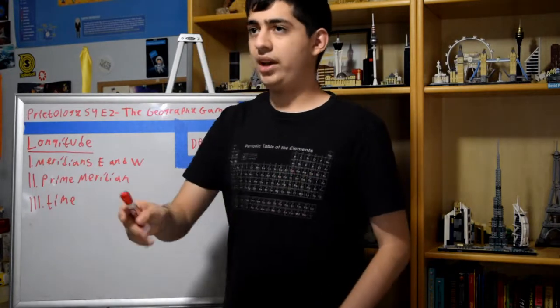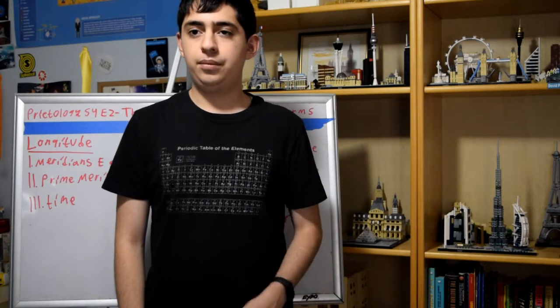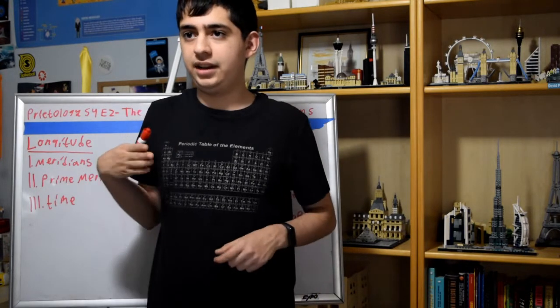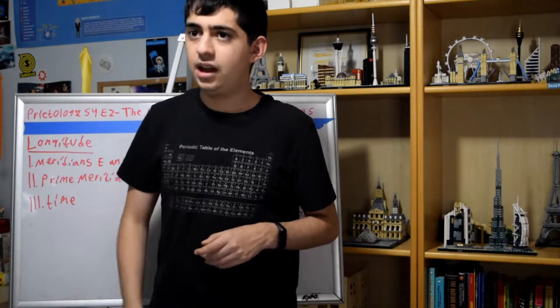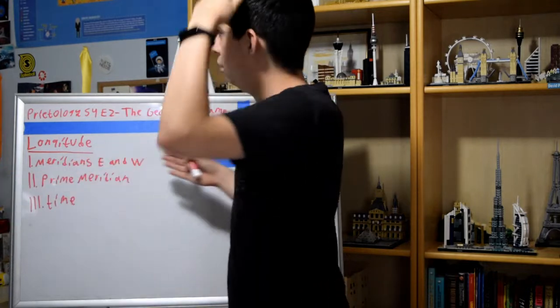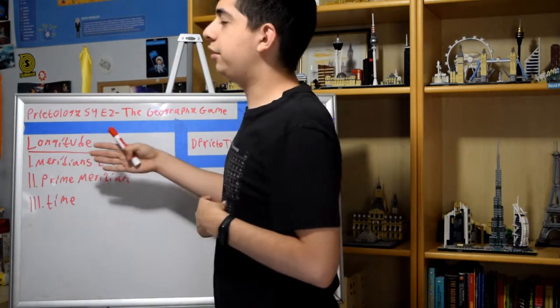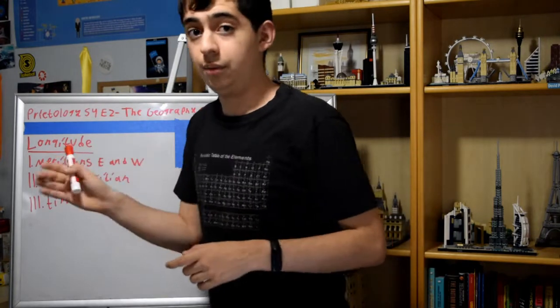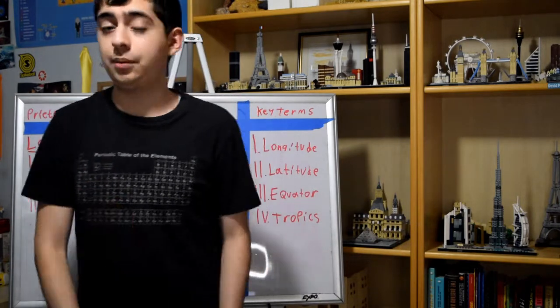So if this is Greenwich Mean Time, then starting this way, it would be 10 degrees west, 20 degrees, 30 degrees west. And on this side, it'd be 10 degrees, 20, 30, until you make a full 180 degrees, which on the other side of the Earth would again be the prime meridian.